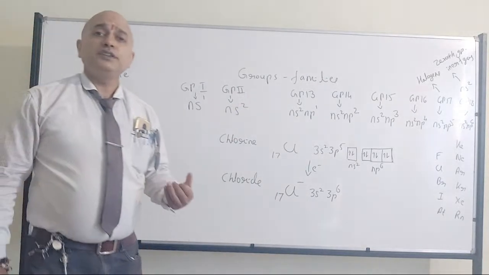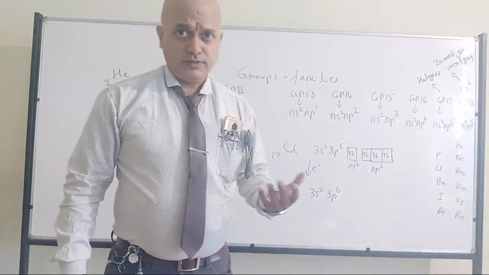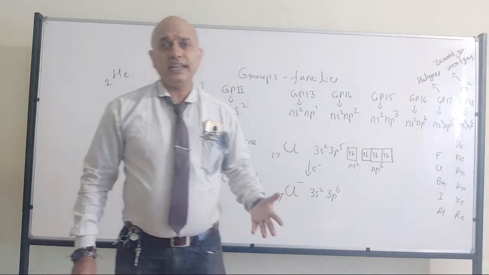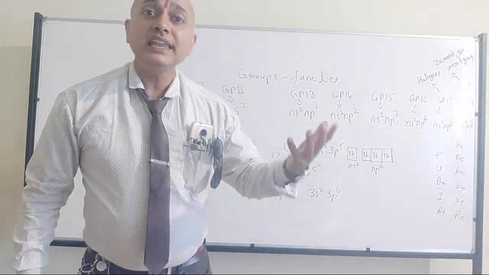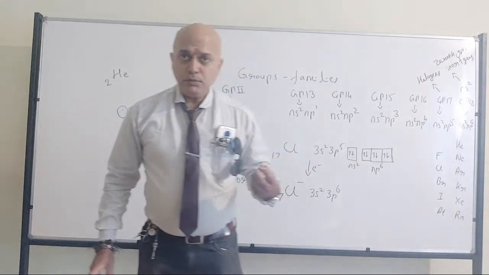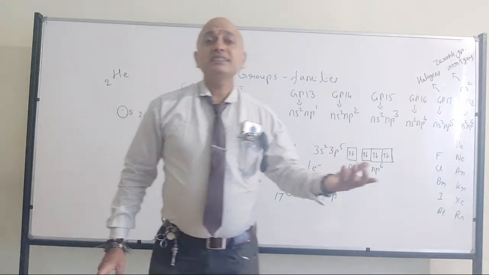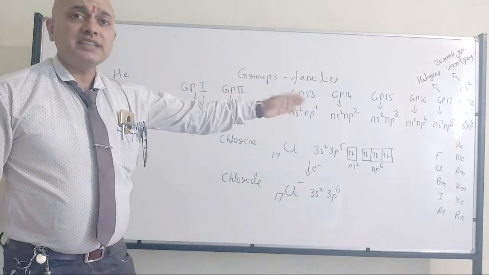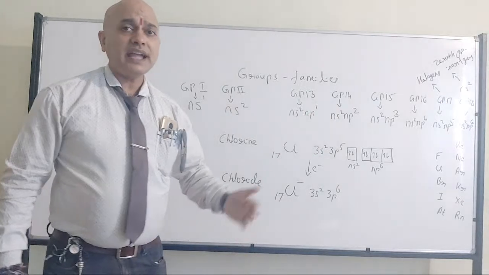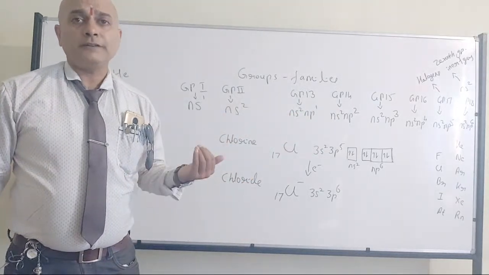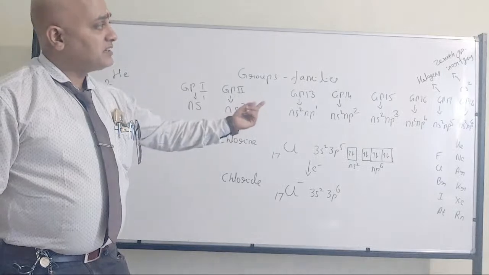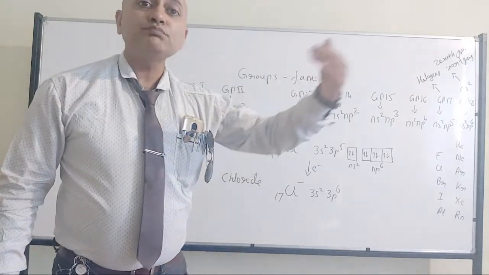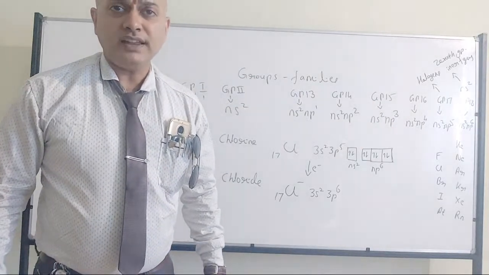Now all of us know that in nature, not only atoms but every process moves towards attaining stability. So group 17 elements can easily attain stability by accepting one electron, reaching their respective inert gas configuration.